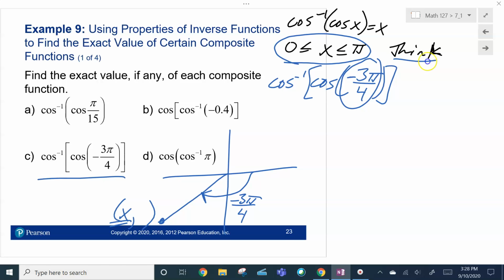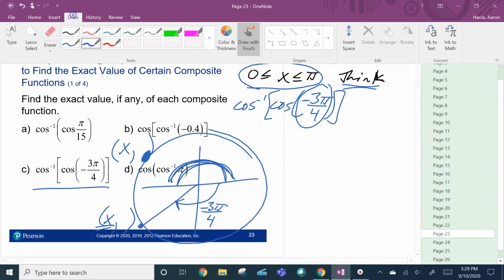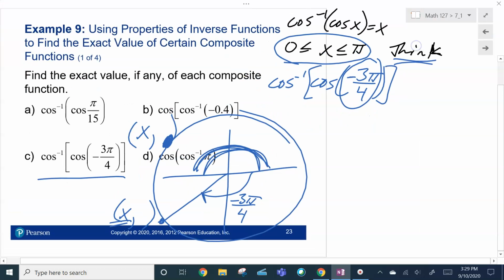So the question is, I said, well, think about it if it's not. In other words, is there an angle between 0 and pi on our unit circle, so now we're looking in here, that has the exact same x value? Sure enough, there it is. So I have to rotate to that angle. That's the one I want. Well, if this is negative 135, this will be positive 135.